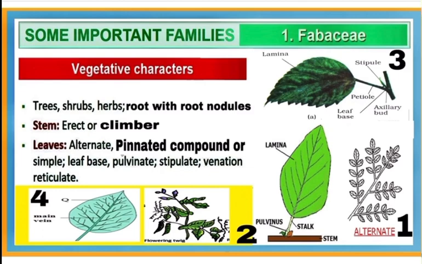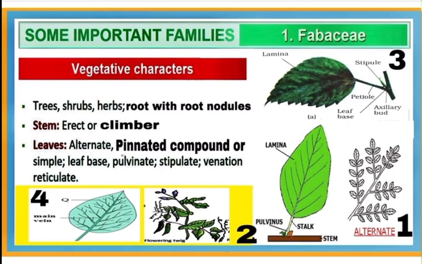Stem may be erect or may be a climber. Leaves have alternate phyllotaxy. See it in diagram number 1. Here a leaf arises at each node in alternate manner, and each leaf has many leaflets, so the leaf is pinnately compound, or it may be simple also in some cases.